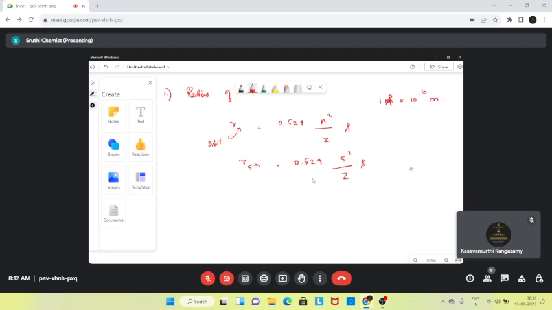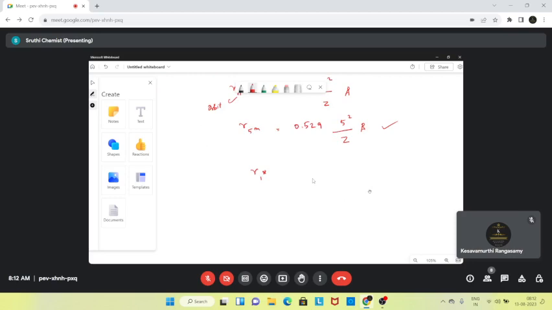Then, for example, if they are asking for a radius ratio, this is your R fifth and you are calculating R first. A radius ratio is very simple: you can do R first divided by R fifth, or R fifth divided by R first. This is very important when it comes to JEE or NEET.